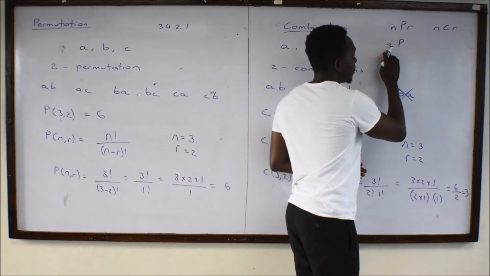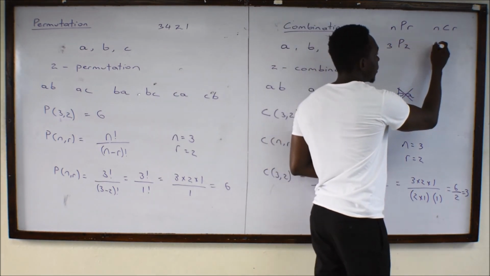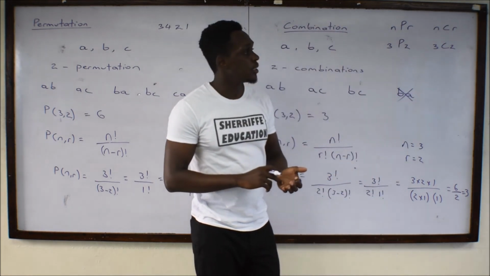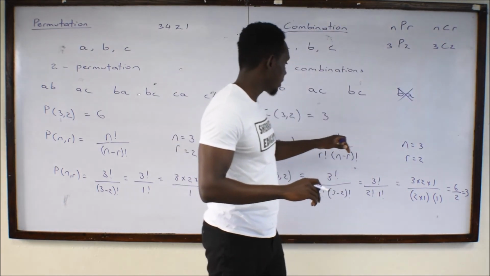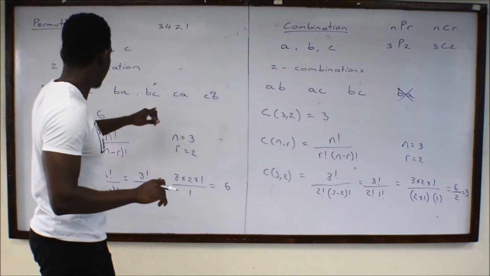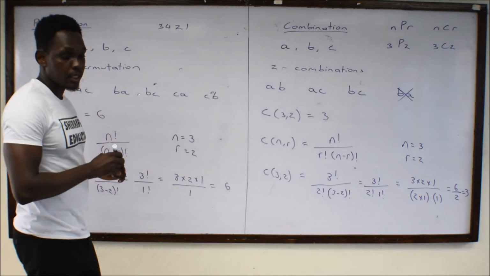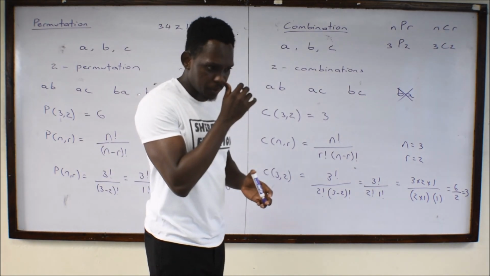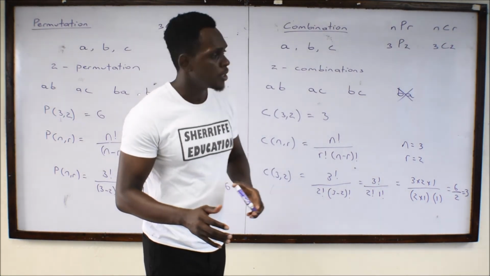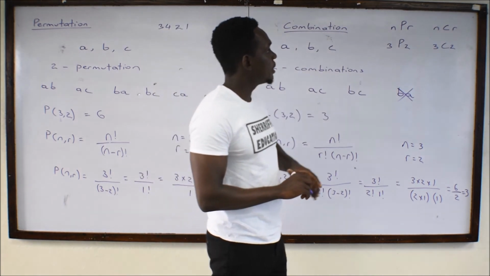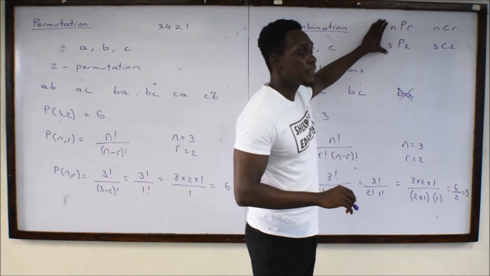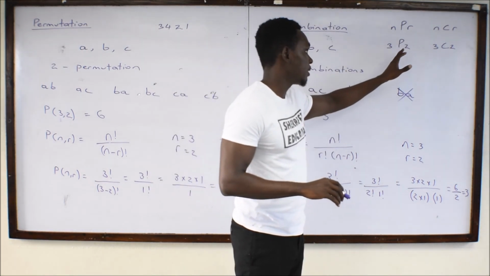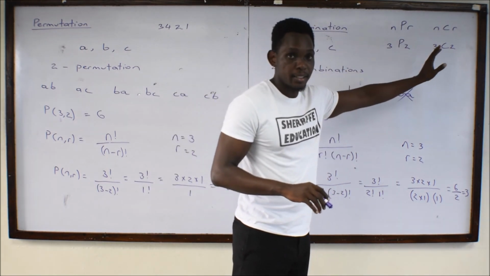So you have 3P2 or 3C2. You press the equal sign, and you should get these values. I would suggest that you take this time to familiarize yourself with your calculators using the nPr and the nCr.